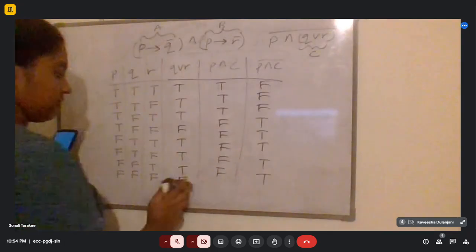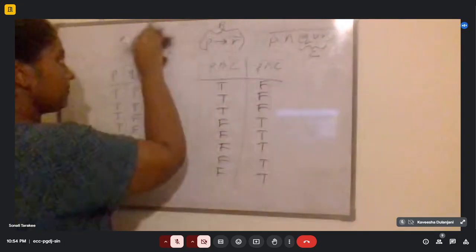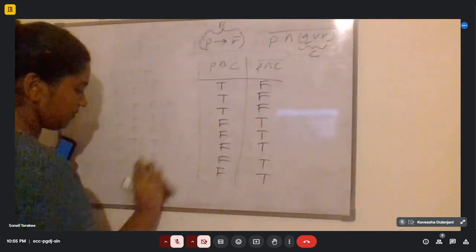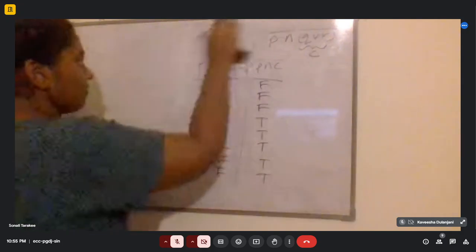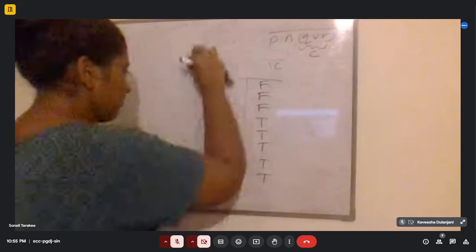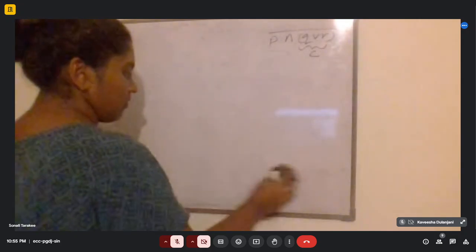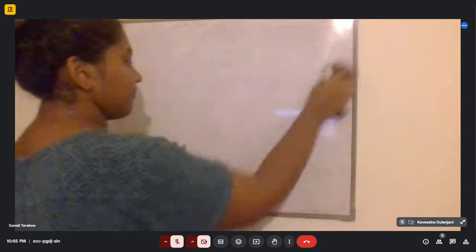Next one. Decide whether the following proposition is a tautology or a contradiction by developing a series of logical equivalences.